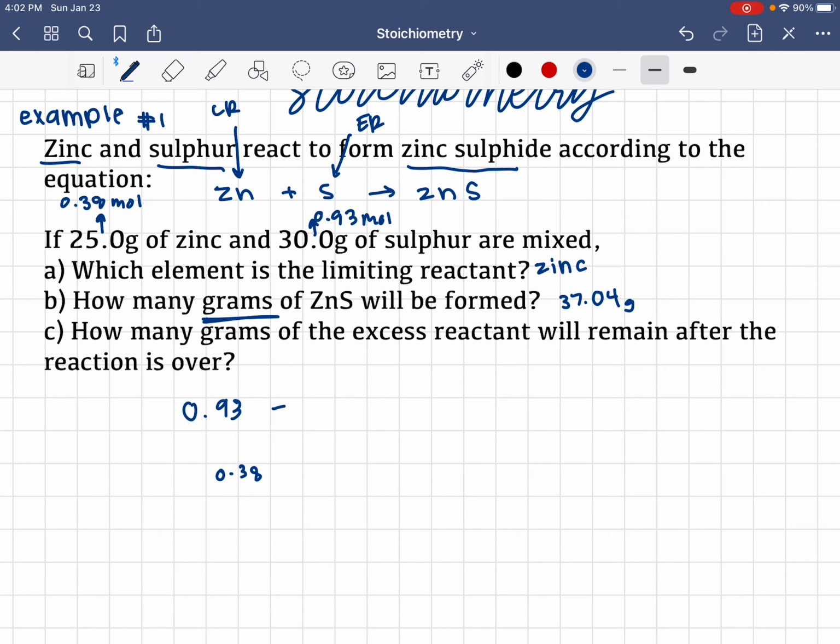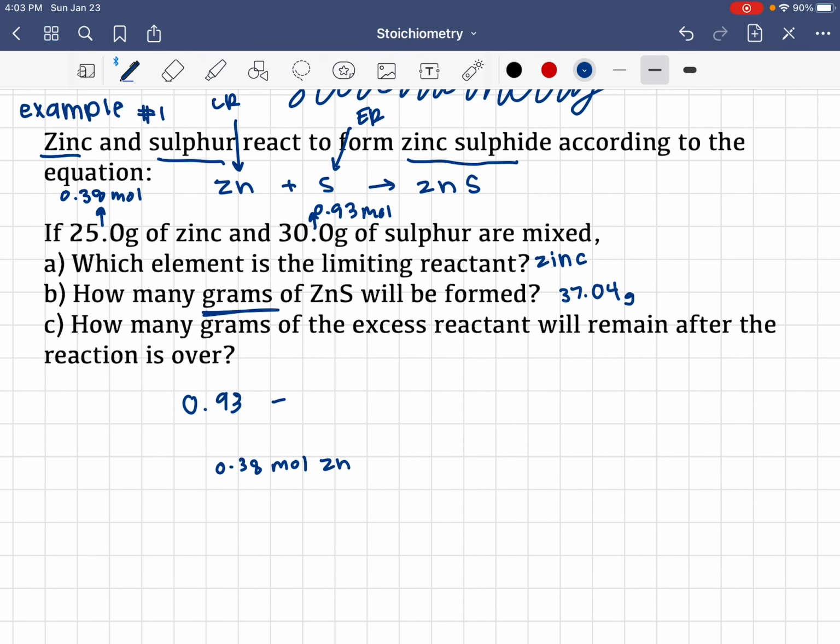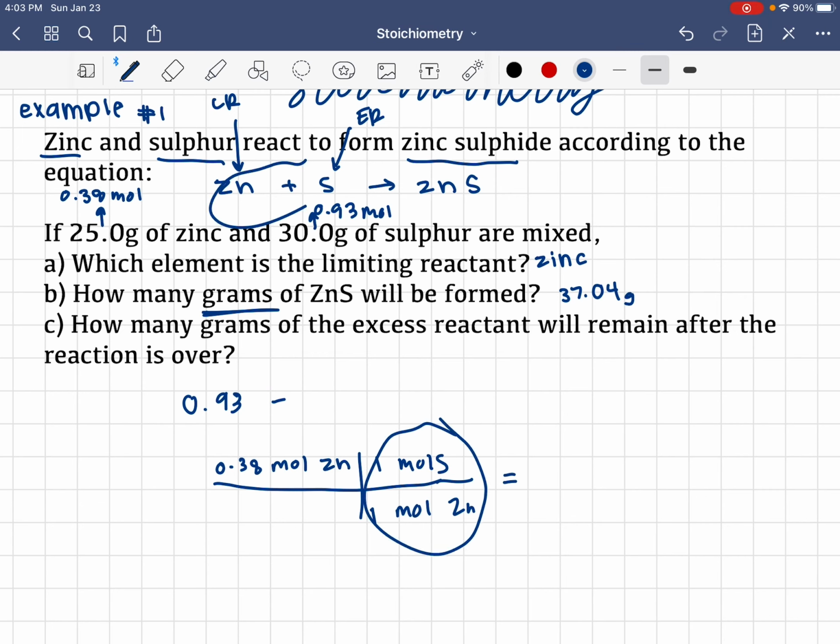and see how much sulfur 0.38 moles of zinc needs to react. Now let's look at our ratio. I got this from our reactant side.